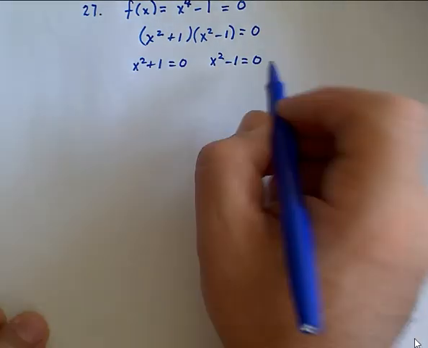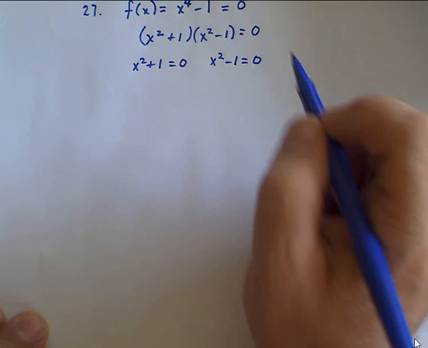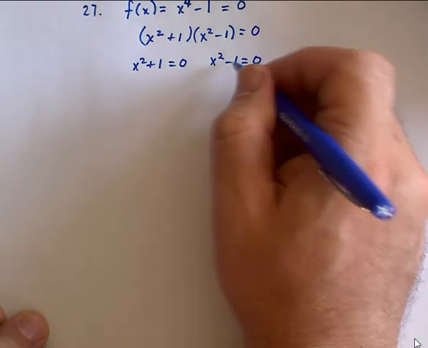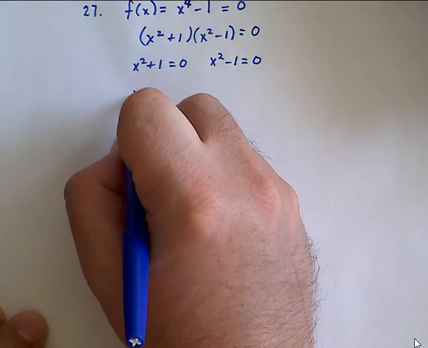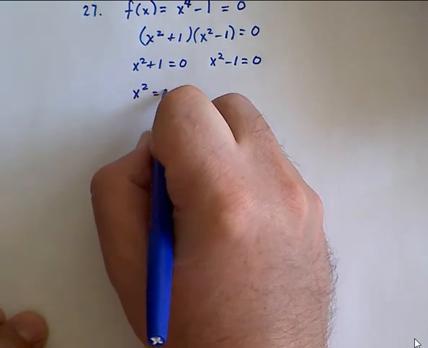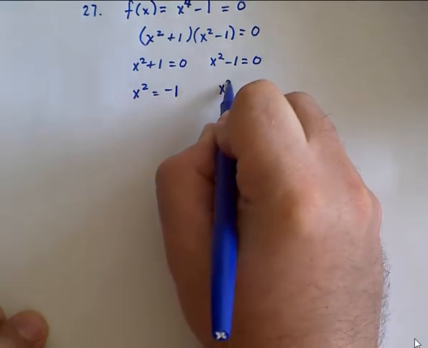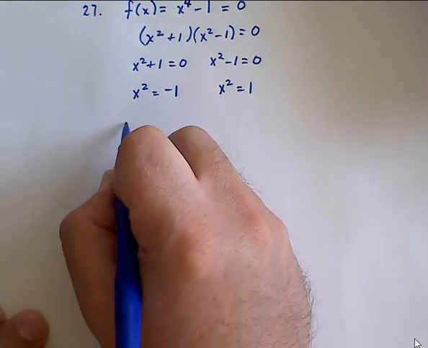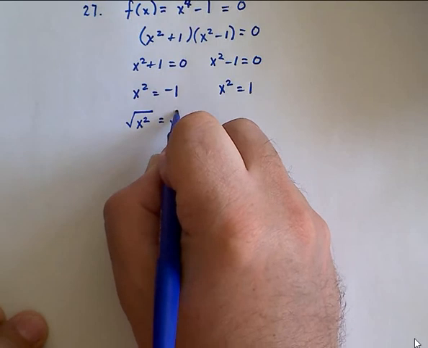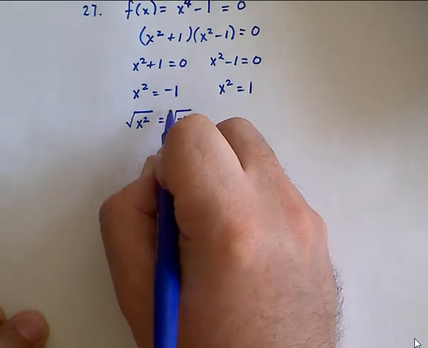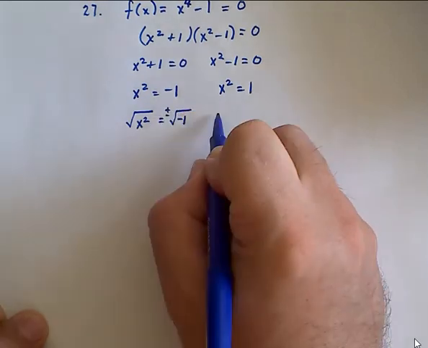There are 2 ways you can go. You can factor again, since this is a difference of squares over here, or just use the square root method. You get x squared equals -1, x squared equals +1. When I square root both sides, don't forget the plus or minus out in front.